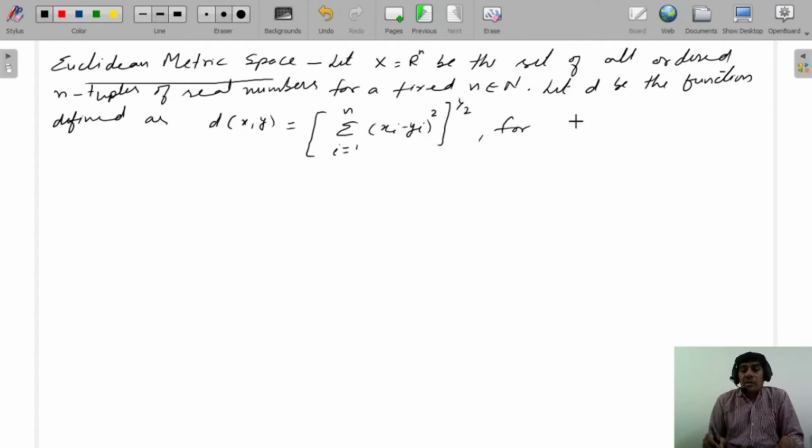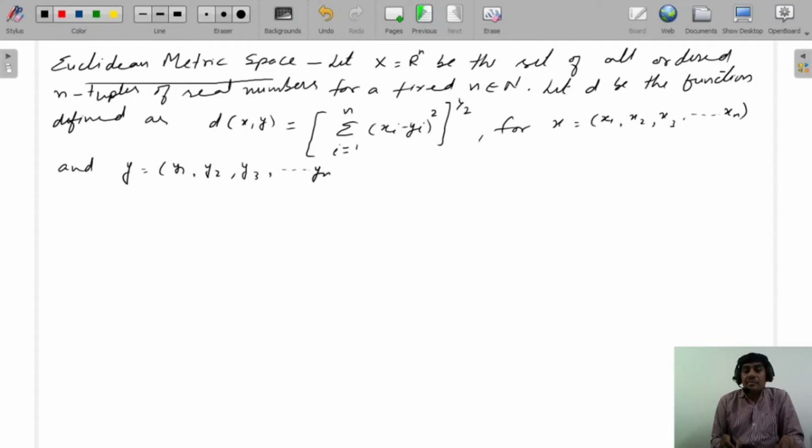for x = (x1, x2, x3, ..., xn) and y = (y1, y2, y3, ..., yn), with x, y belonging to Rⁿ.